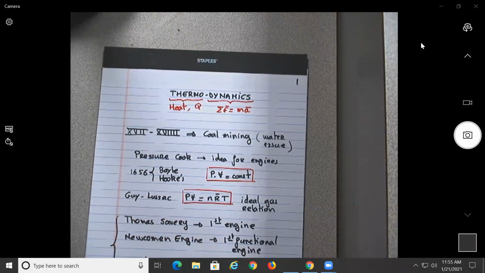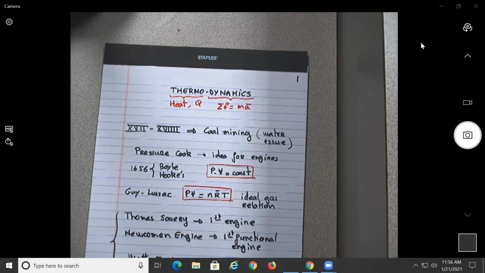Really the guys that set up the basics of thermodynamics, I could say two, let's say the fathers of thermodynamics. One is Carnot, who is French, of the 19th century, I think 1824, 18 something.